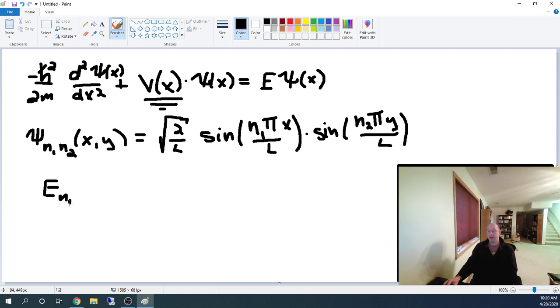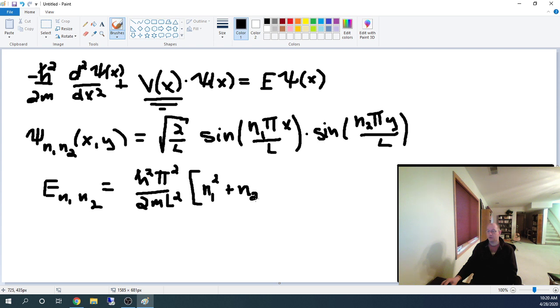And the energies, which depend on n1 and n2, are h bar squared pi squared over 2mL squared, where L is again the size of the box in each dimension, times n1 squared plus n2 squared.